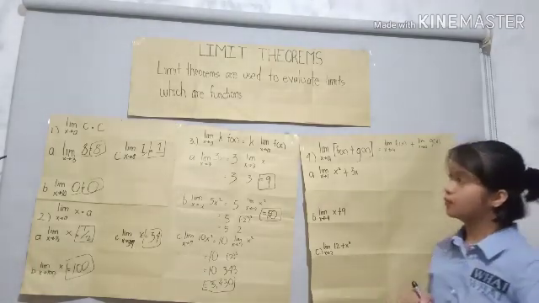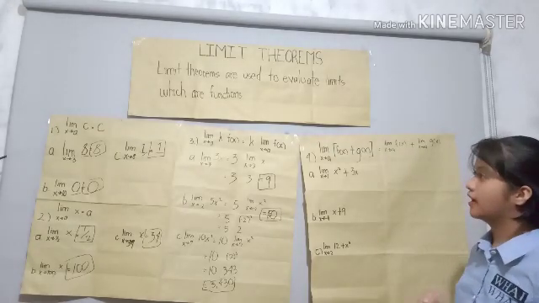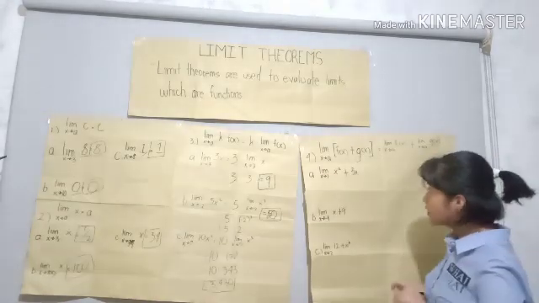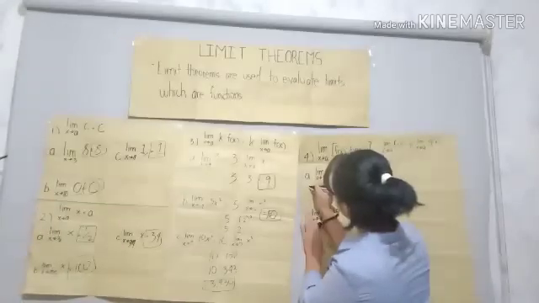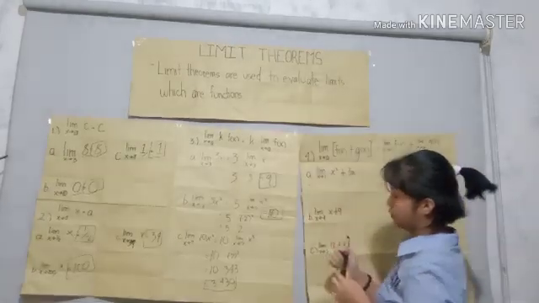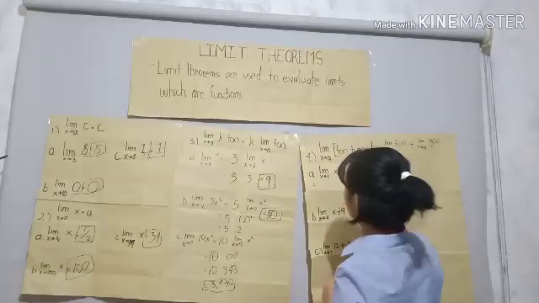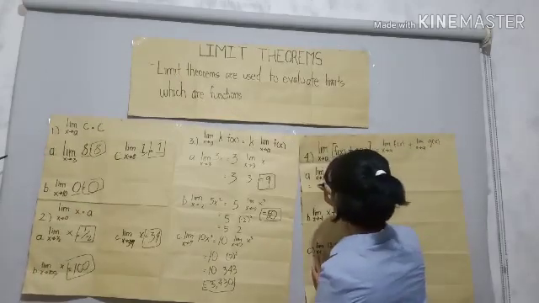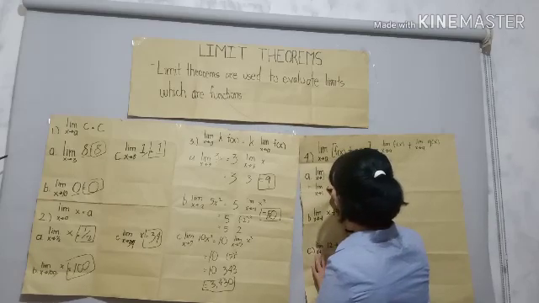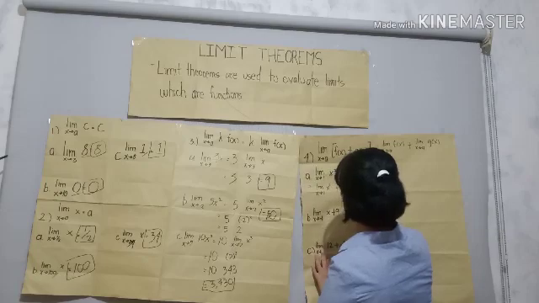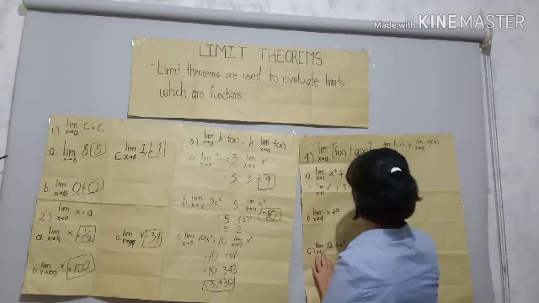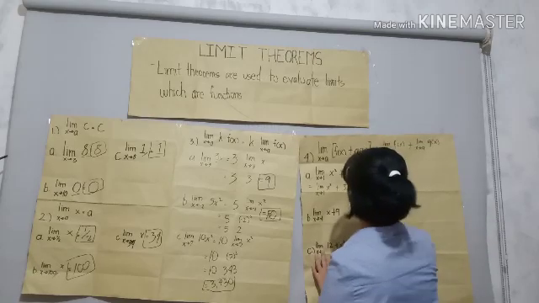In this theorem, we will get to apply the first 3 theorems that I've discussed. First is to move the constant and arrange them: the limit of x squared plus 3 times the limit of x.